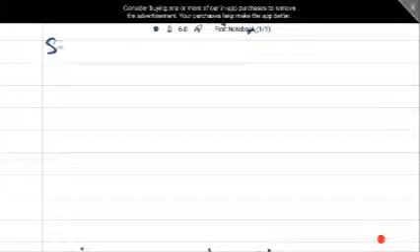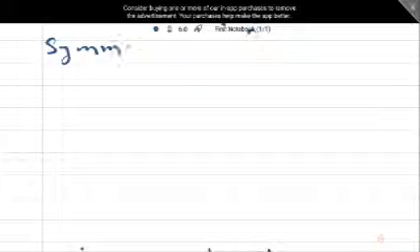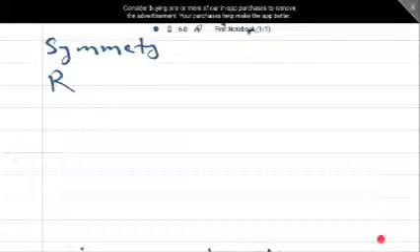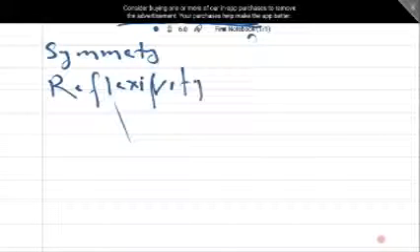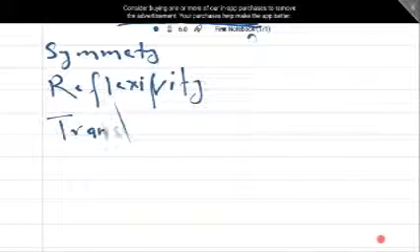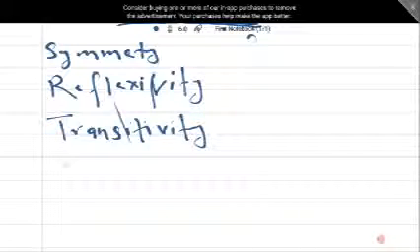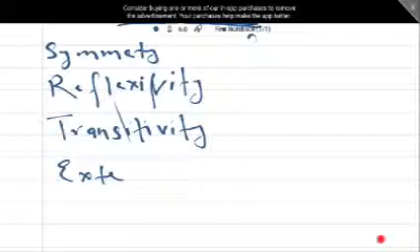So there are 4 rules: symmetry, reflexivity, transitivity, and extendability.